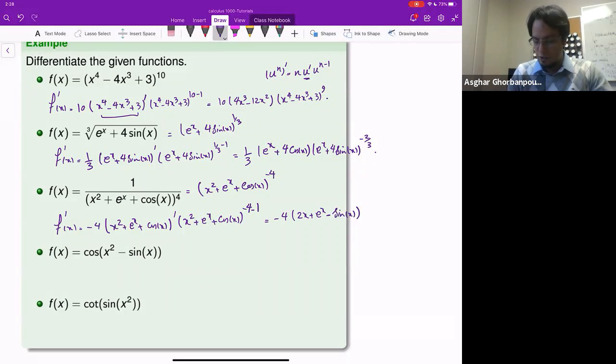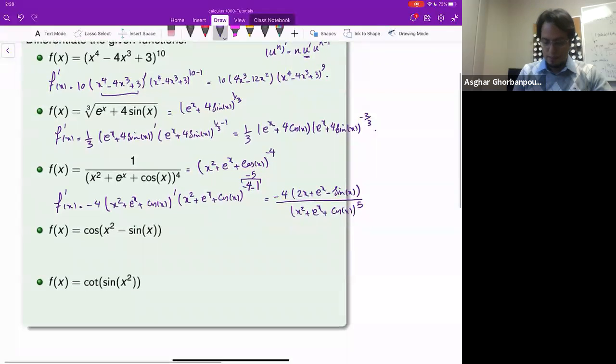And then you can see that this is -5. I can take it down and write it as x squared plus e to the power x plus cosine x to the power 5.